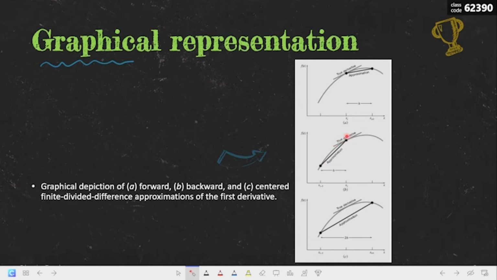So the solution for that is to use the centered finite divided difference approximation. What we'll be using is the next value minus the previous value, divided by 2h, since our step size was doubled. As you can see, our approximation is closer to our true value.